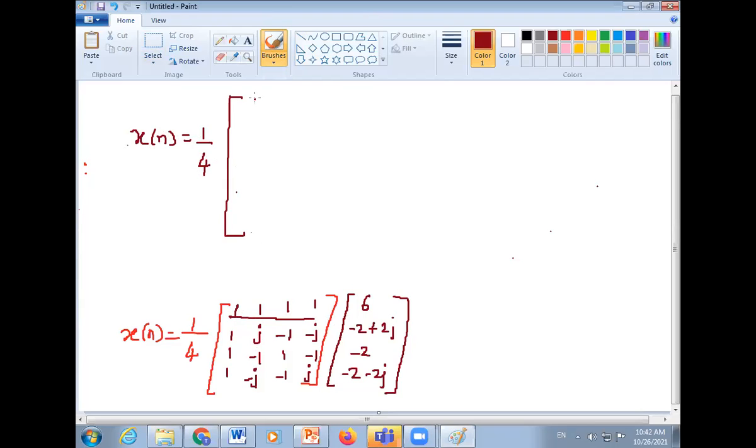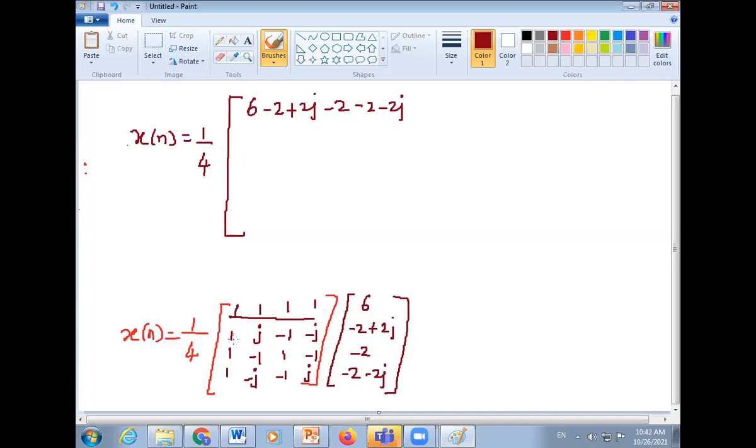So it is 6, minus 2 plus 2j, minus 2, minus 2 minus 2j. Here I am just writing it as it is, since it is multiplied by 1.